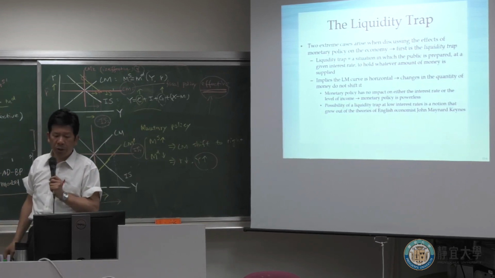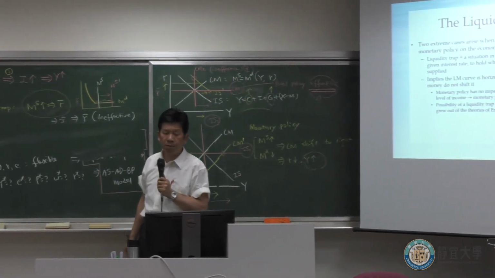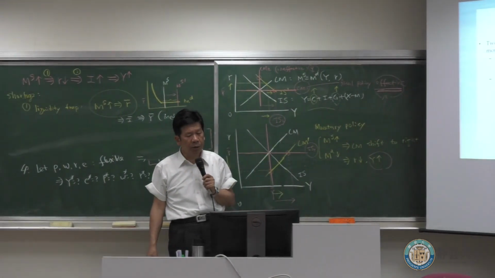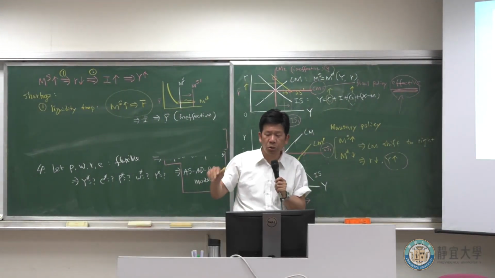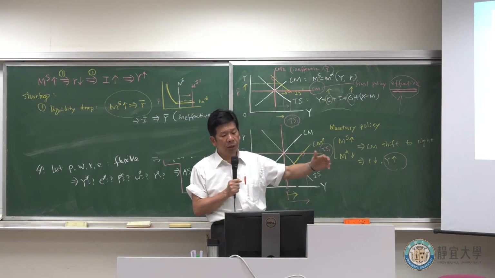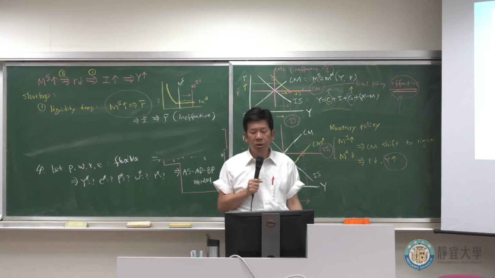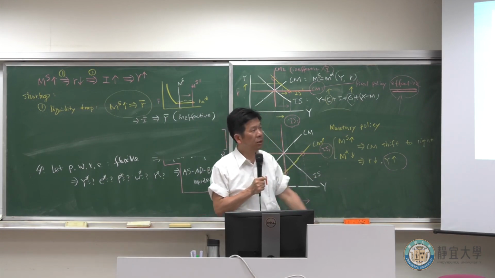Okay, so the other situation represents the possibility of a liquidity trap at a lower interest rate. This is a notion from the theory of the English economist John Keynes.